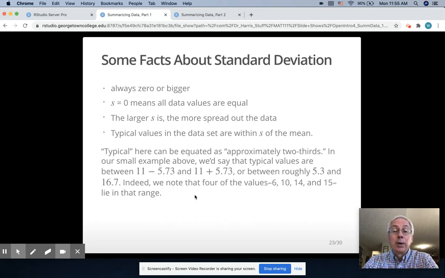And if you go back and look at my numbers, exactly 2/3, 4 out of 6, were between those numbers. We had 3 on the outside, on the low side, 18 above. So right now we think about typical as meaning within one standard deviation, which also means roughly 2/3 of my data should be meeting that standard.